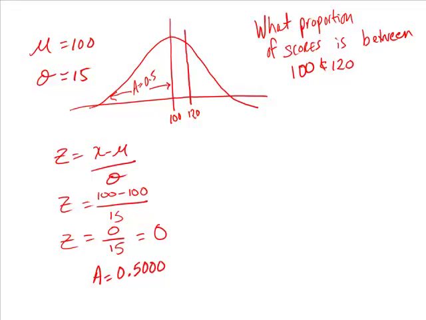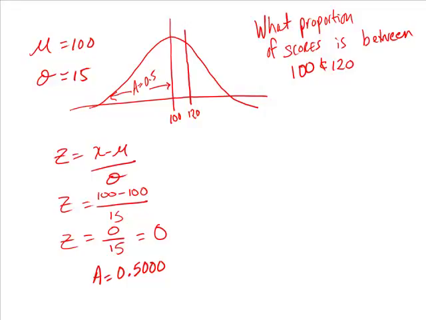Okay? Now we got to find what? What's the next step? You guys only really know how to do one thing, so just tell me how we do that one thing, and that'll by default be the next step. What do we got to find now? The z-score of 120.